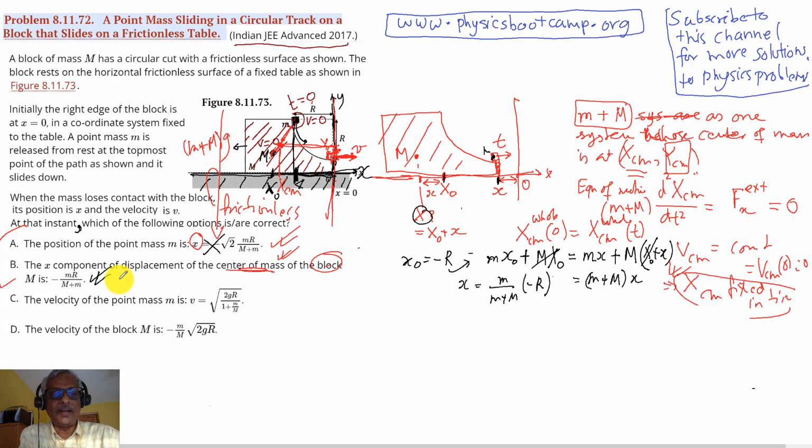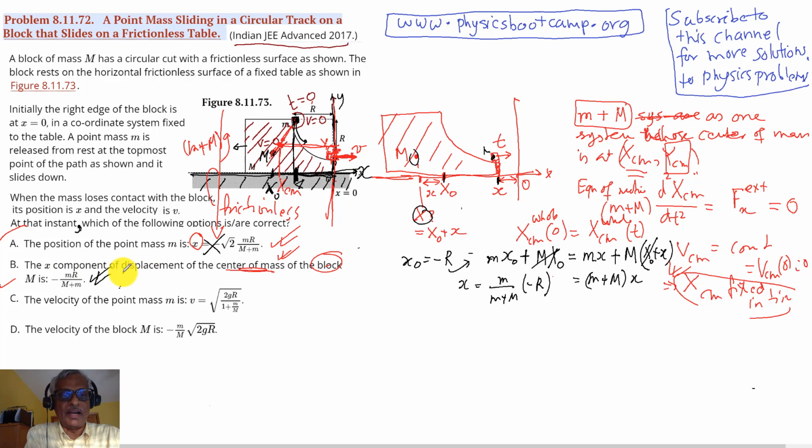Okay, so this is correct if we say that I'm looking for little x. But if we are saying where the center of mass is, then this will be different.